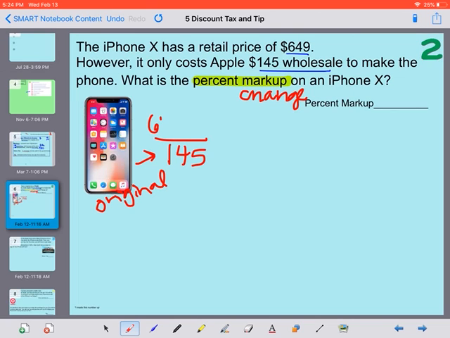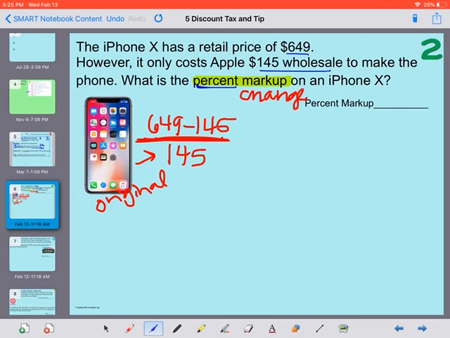Well, it started at $145, and it got marked up to $649. So if we subtract those, just like we learned in our percent change lesson, that will give us the dollar amount that it changed so that we can convert it to a percent.